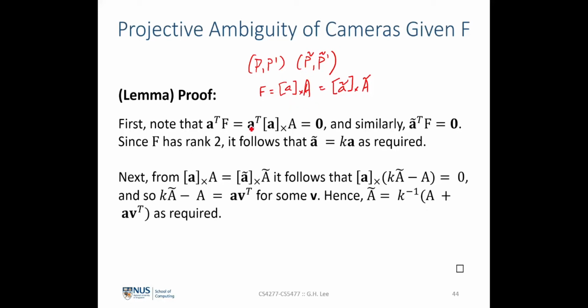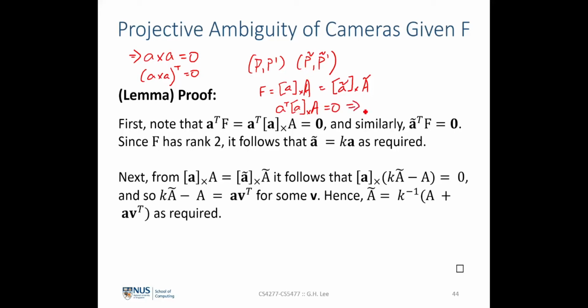We also know that if we take the cross product of a vector by itself, that means if I take the cross product of a cross with itself, this is always going to be equal to 0. Hence, taking advantage of this relation, we can do a transpose with a cross product of A. This equation is equivalent to a cross product of a by itself transpose, which is always equal to 0, multiplied by A, and this will give us 0.